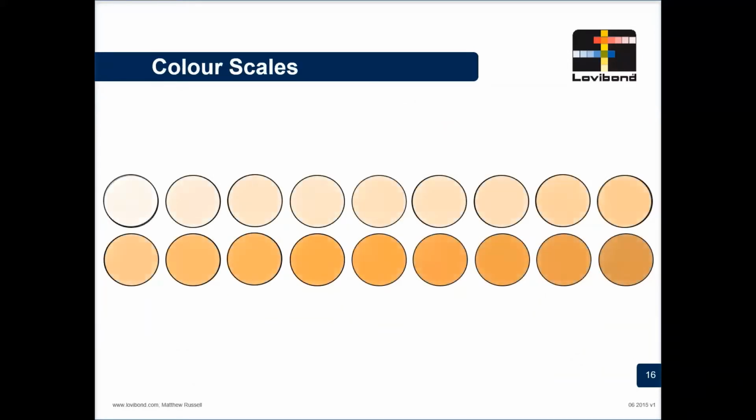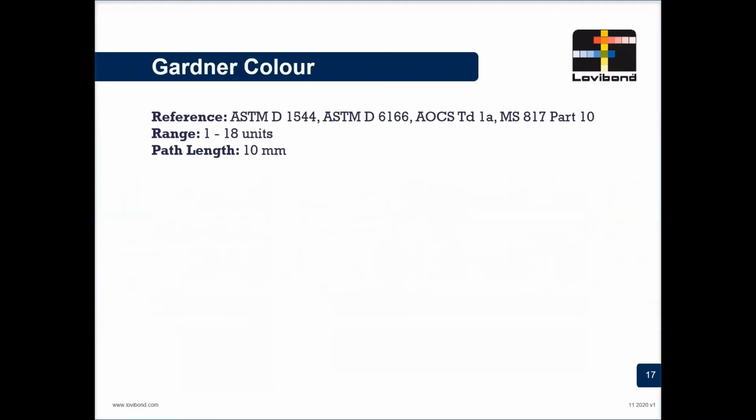A typical color scale, as I've said, is a series of colors in a one-dimensional scale that goes from light to dark. This is a representation of the Gardner Colour scale. A lot of these color scales are defined in specific standards, from ASTM, AOCS, Indian standards.